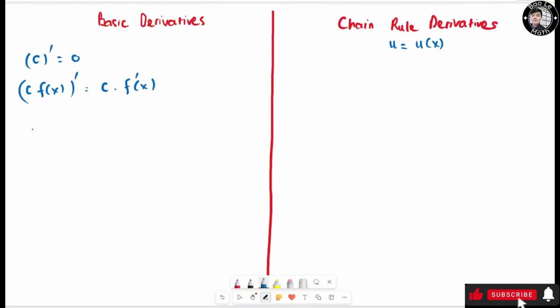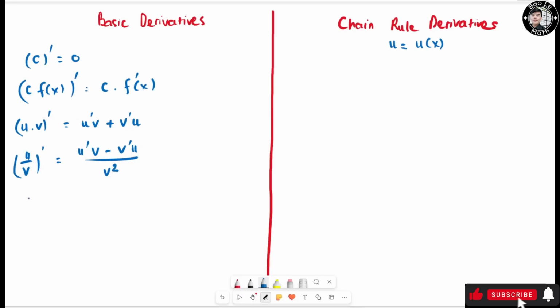Now we have the product rule: (u times v)' is going to be u' times v plus v' times u. We have the quotient rule: (u over v)' is going to be (u'v minus v'u) over v squared.